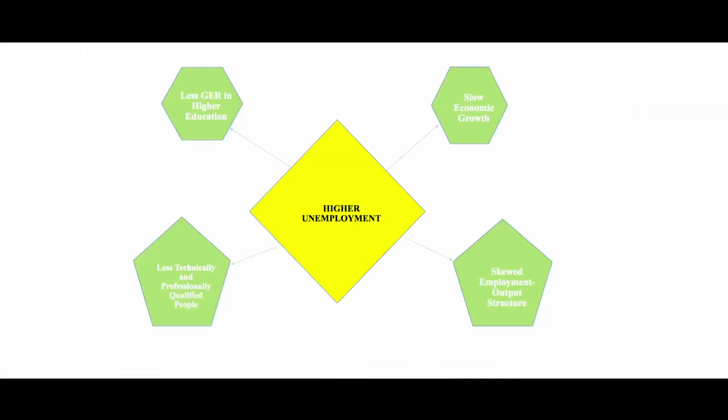We have found basically two important causes. One is that economic growth is slow, therefore there is low employment generation. Secondly, only a small section of the population has professional and technical degrees and is competent for high-end white-collar jobs. The majority of our youth population is enrolled at the undergraduate level.